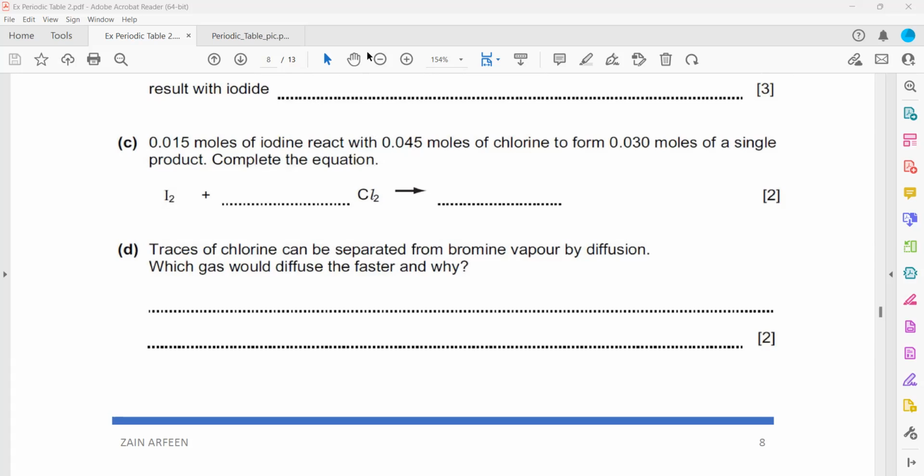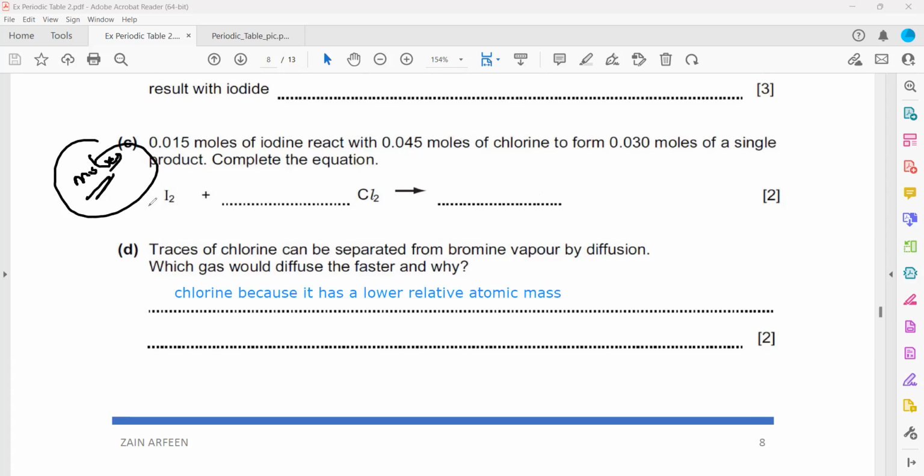Complete the equation. A single product means they combine together. When iodine combines with chlorine, it will form ICl. But that is related to the moles part, so we will not do it right now.